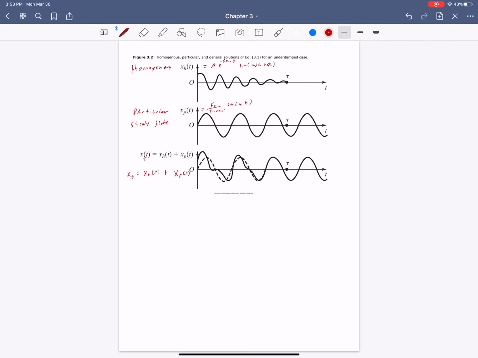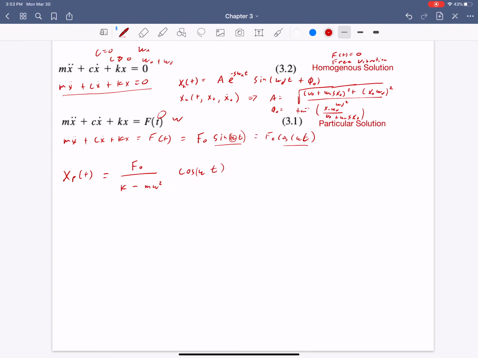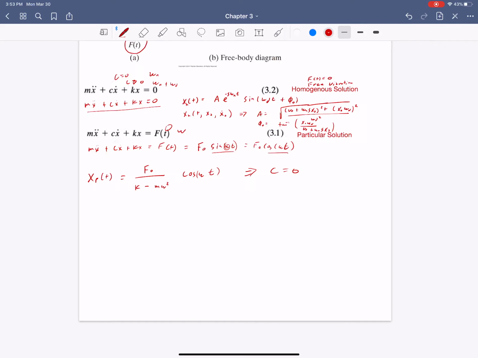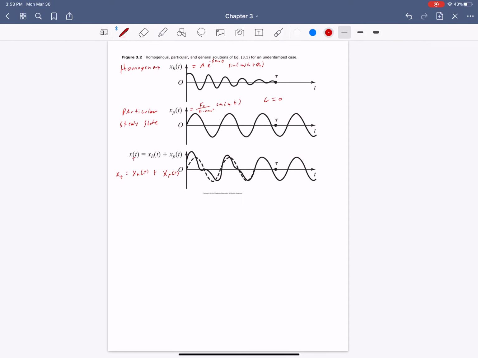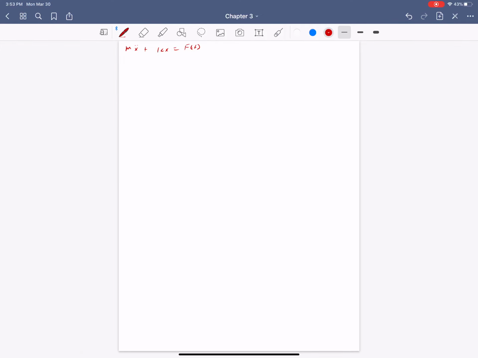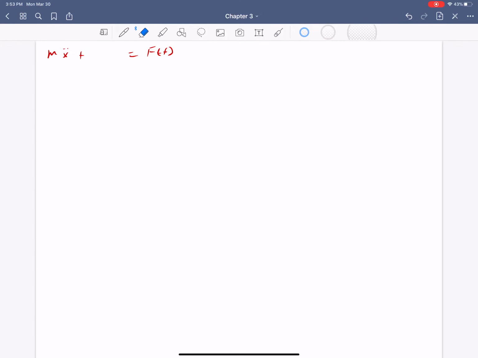This is for c equal to 0. I forgot that we start off with an undamped system. We'll get to damped systems in section 3.8 or 3.4. So we're going to start off with our undamped system.